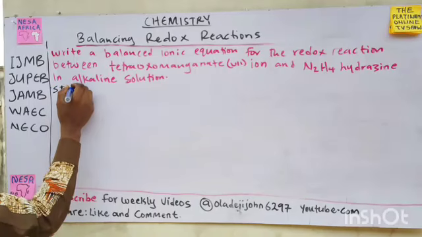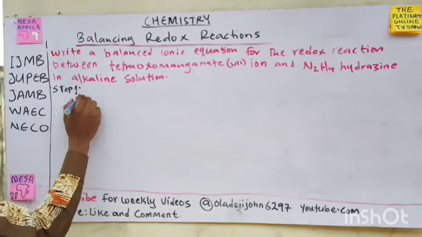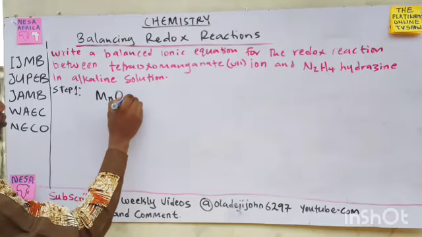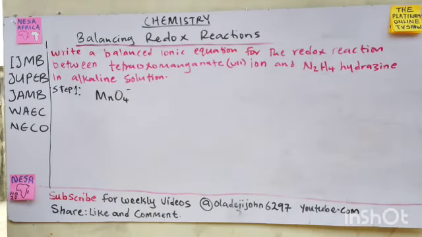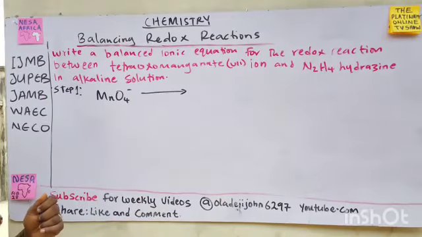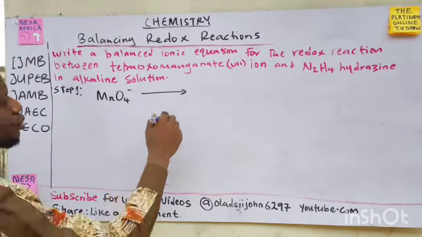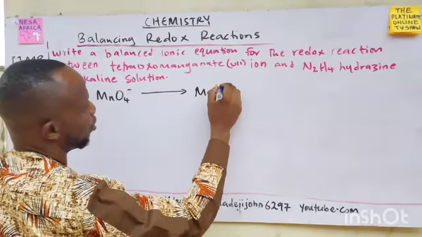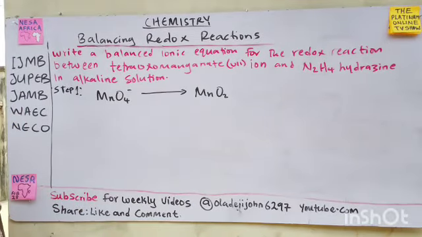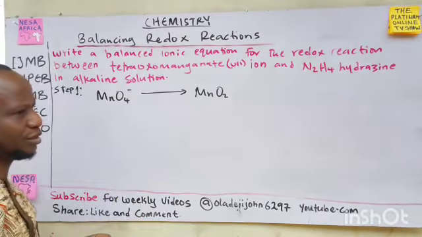So step 1, you write the first half, the manganate ion, MnO4-. In this situation, manganate is reduced to MnO2 because there is incomplete reduction here. This is the basic medium.